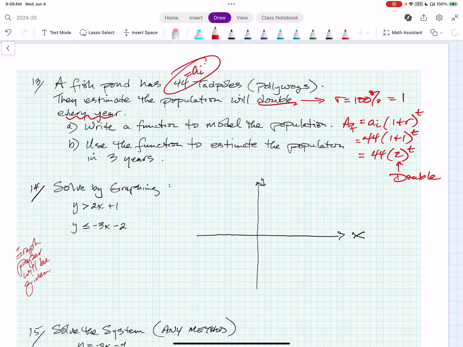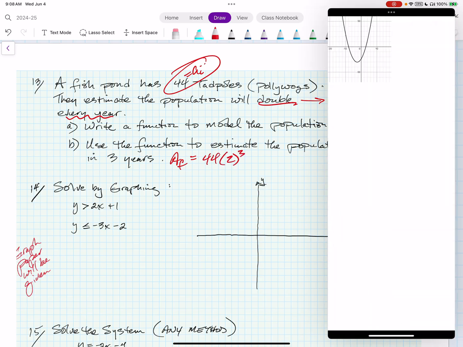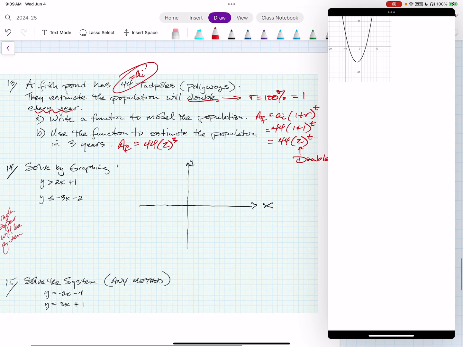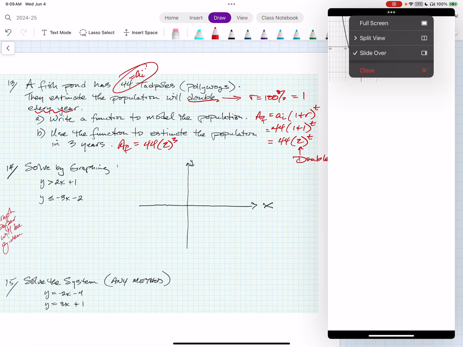Okay? And then it says use the function to estimate the population in 3 years. So your future value, the future amount, would be 44 times 2 to the 3rd power. And of course, if this was the case, it'd probably allow you to use your Desmos here.